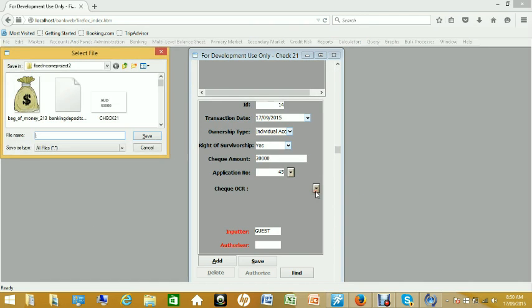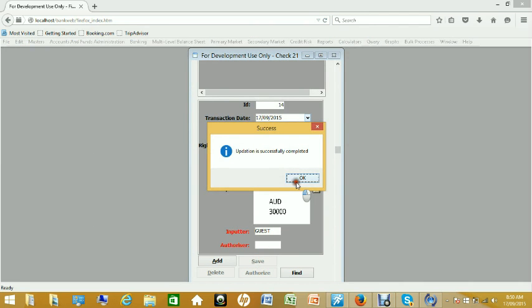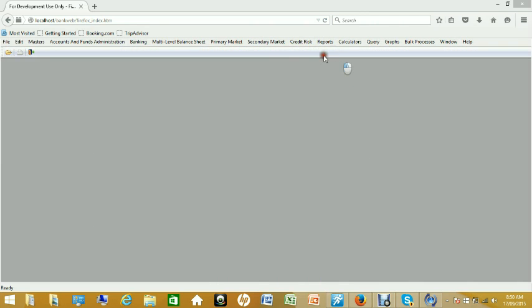Check OCR. Check OCR is nothing but the image of the check. So then let's save it. So check 21 number 14 is being saved, and now let's authorize this transaction number 14.